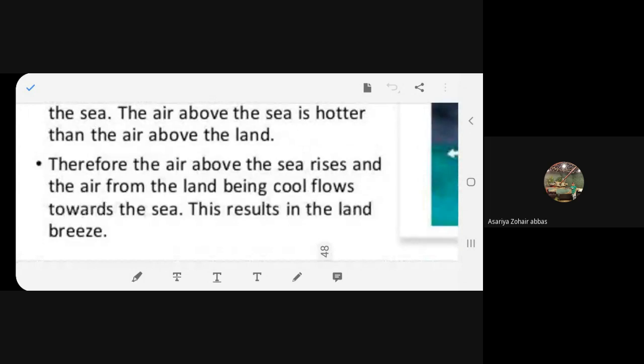Therefore, complete the last para. Therefore, the air above the sea rises, and the air from the cool land flows towards the sea. This results in the land breeze.